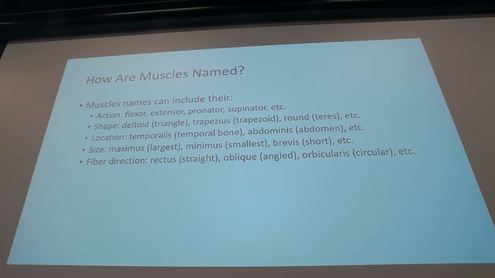If it's deep, you call it internal. If it's out on the surface, you call it external. If it's very, very deep, you call it profundus. If it's superficial, superficialis. So there are different ways to name them, and then you can combine them.